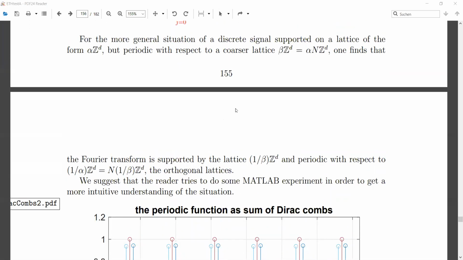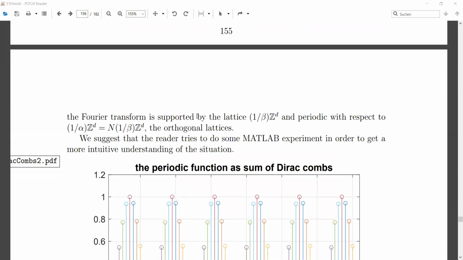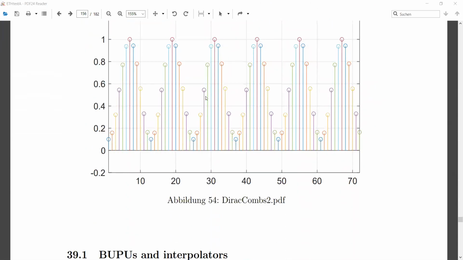And the point is that the periodicity beta of the original lattice gives you the sampling rate for the fine lattice. So it's 1 over beta. This is a smaller constant. Whereas alpha is the sampling rate, and its inverse gives you the periodicity, which is, of course, n times as big as the sampling rate now on the Fourier transform side. So this is something that is very important to understand.